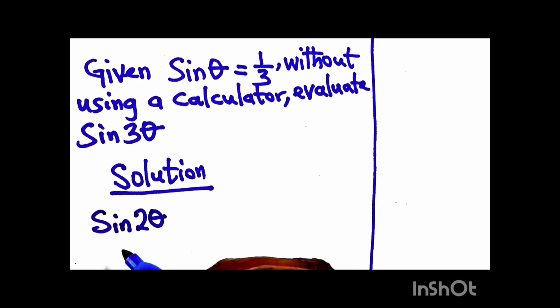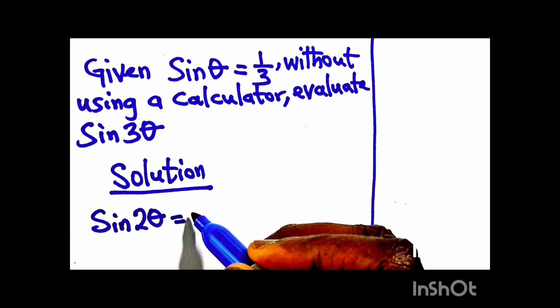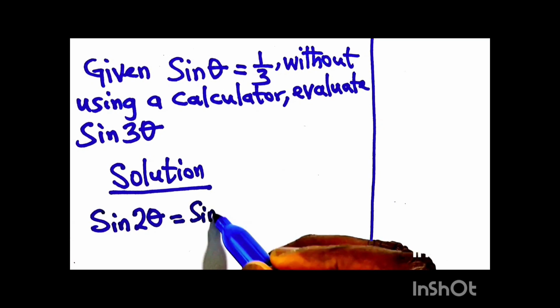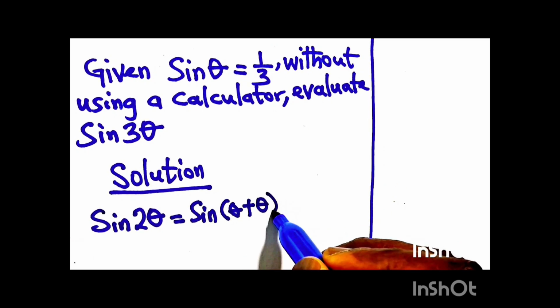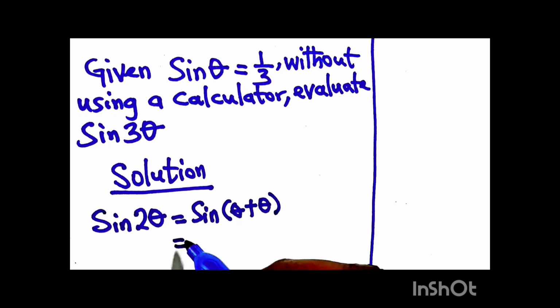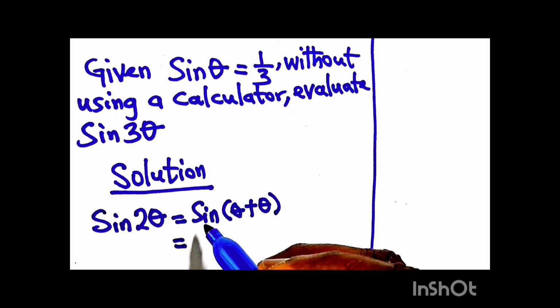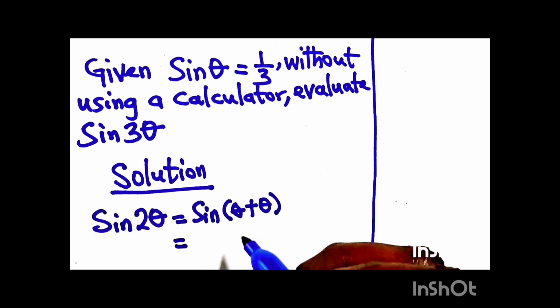To expand sine 2 theta is going to be like sine of theta plus theta, and this is going to give us 2 sine theta cos theta. But how do we get that?